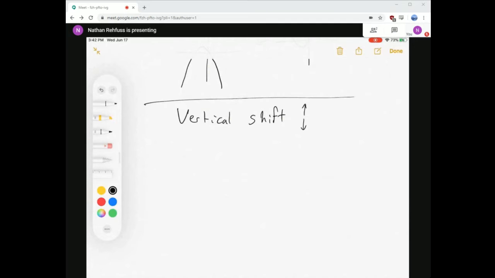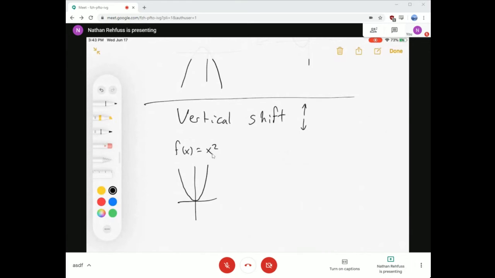So if I want to do a vertical shift, think back to the previous lecture, 3.4. I had that semicircle that I was able to move up 6 units by adding 6 to the function. So if my original function is f of x equals x squared, so there's that parabola again, x is the input, and x squared is the output.